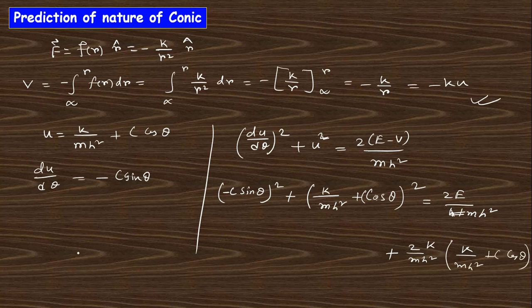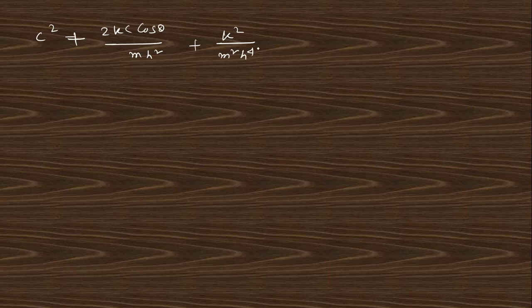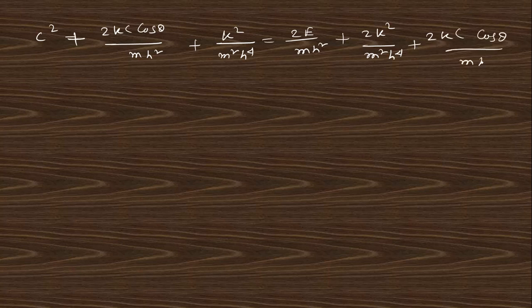Clear? So just rearranging this equation into this form, you get an equation like that: 2kc cos theta by m h square plus k square by m square h to the power 4 equals 2e by m h square plus 2k square by m square h to the power 4 plus 2kc cos theta by m h square.